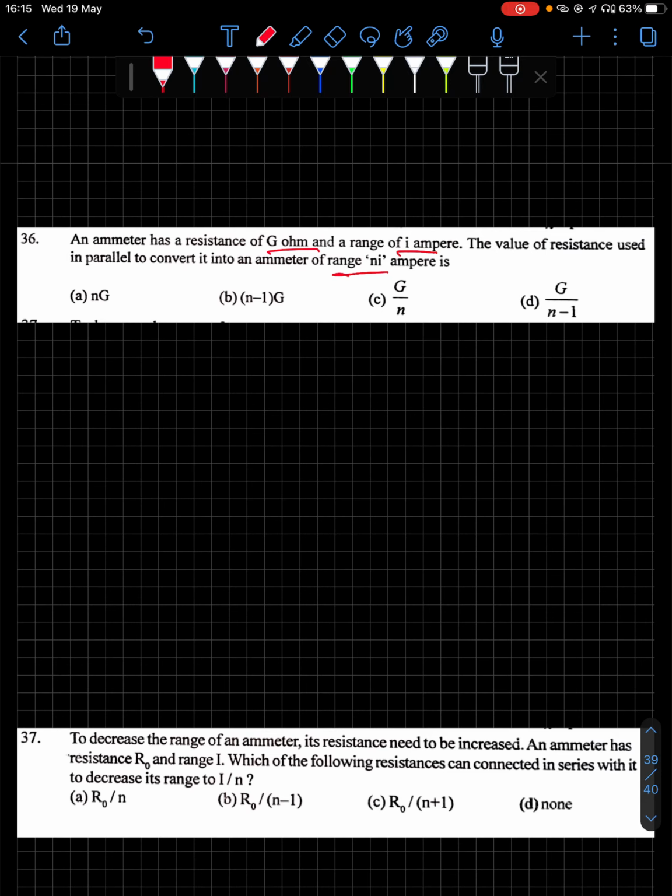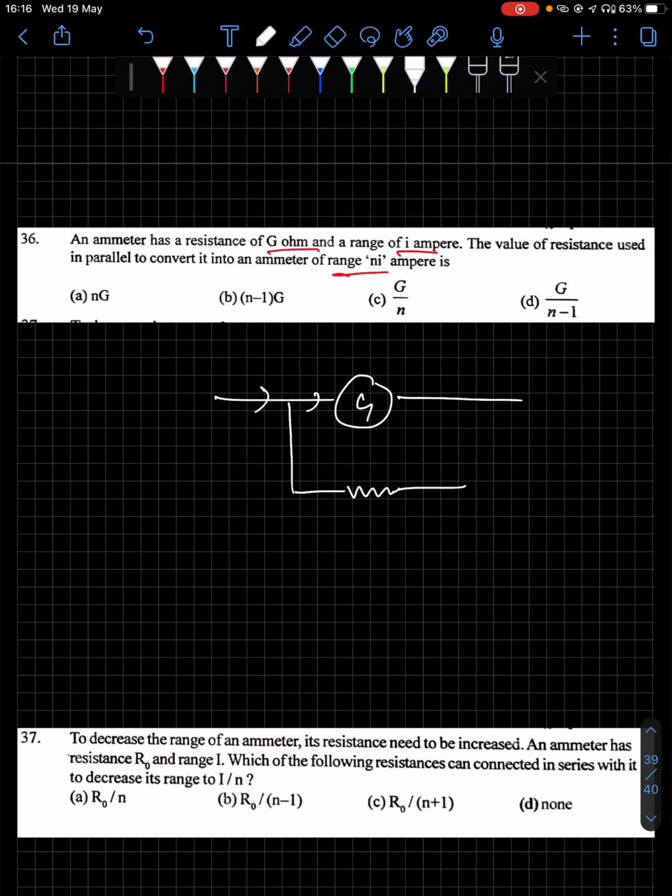Now you want to increase the range in case of ammeter, so the resistance has to be decreased, right? So for that, if you want to decrease the resistance, you have to connect a shunt. Previously we can just do this with one circuit itself.